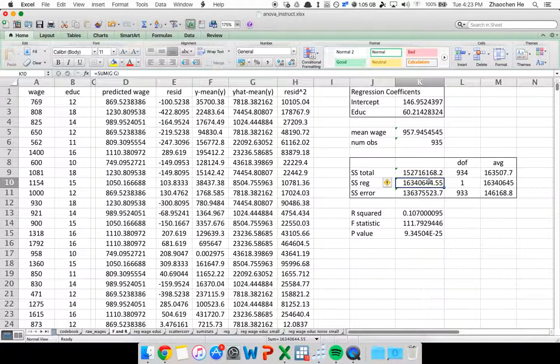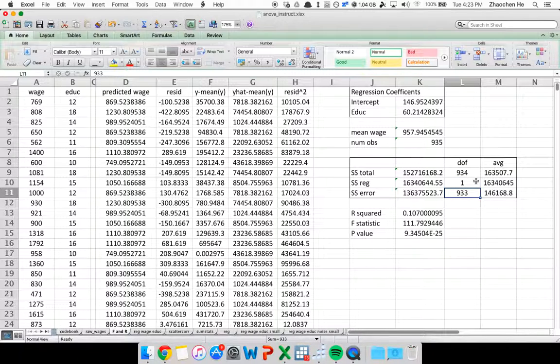The number of degrees of freedom associated with the regression is equal to the number of slope coefficients that we estimated. In this case, since we estimated one slope coefficient, the one associated with education, there was one independent variable here, education. So the number of degrees of freedom associated with the regression is equal to 1.